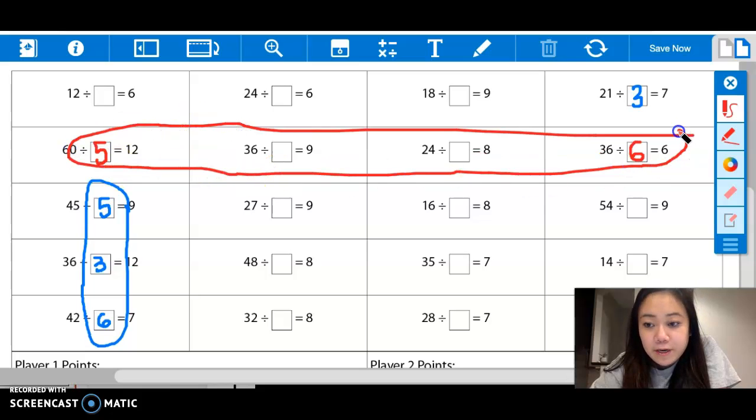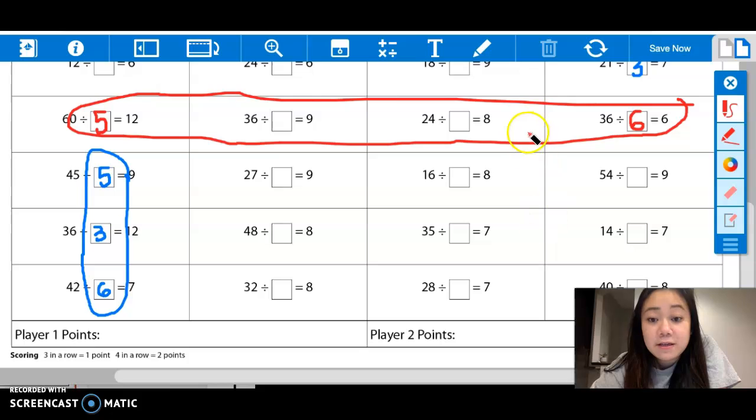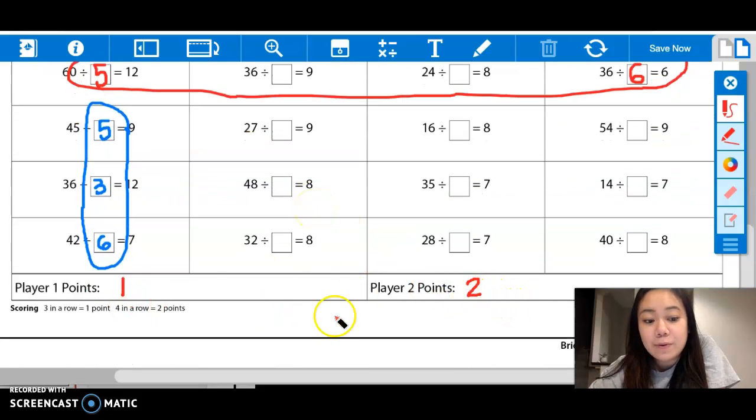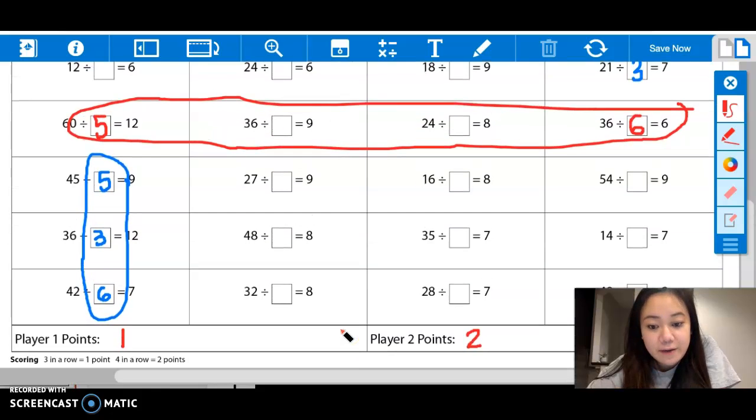If you have 4 in a row, you get 2 points. If you get 3 in a row, you get 1 point. It also says it down here too. Once this whole board is filled, you add up how many 3 in a rows and how many 4 in a rows you have. The player with the most points wins. So right now, it looks like player 2 won.